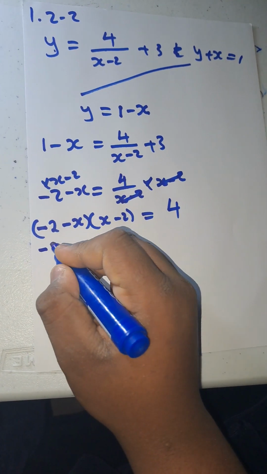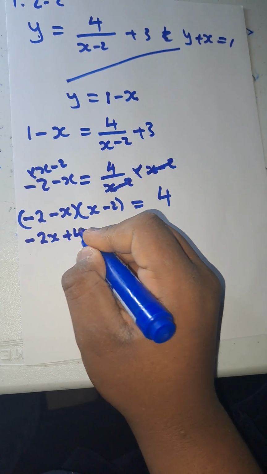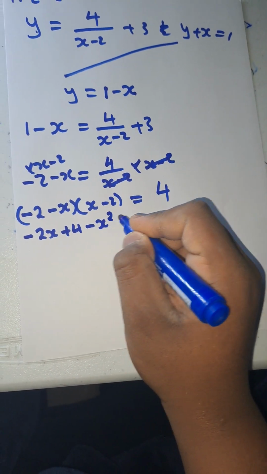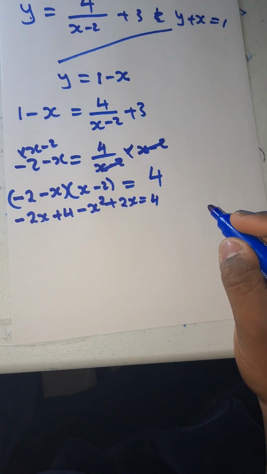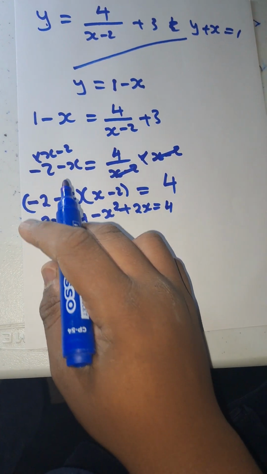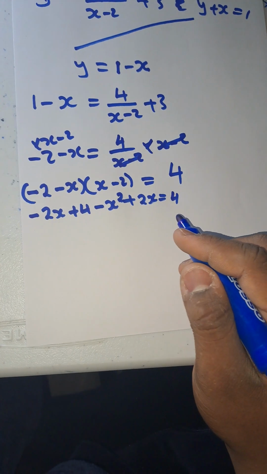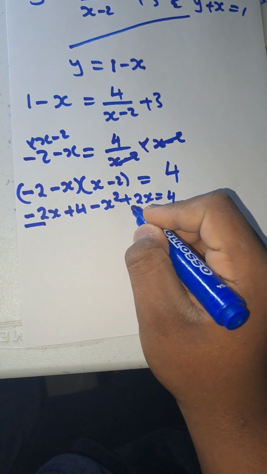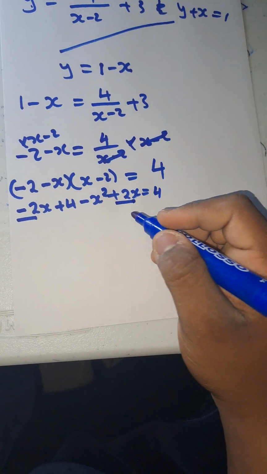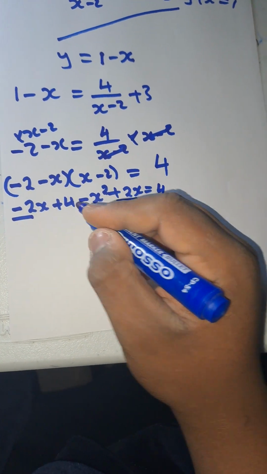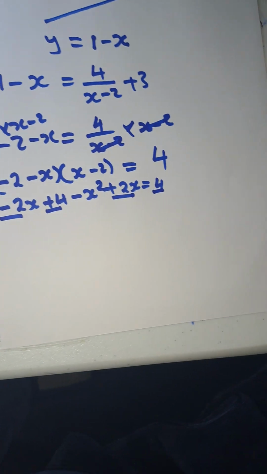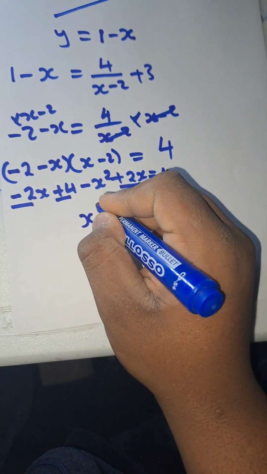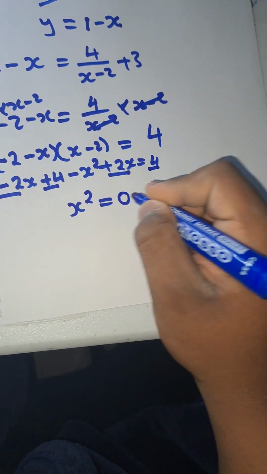I'll have minus 2x plus 4 minus x squared plus 2x is equals to 4. Now minus 2x plus 2x is 0. When I take this 4 to the other side, it will be 4 minus 4. So my x squared will be equals to 0.